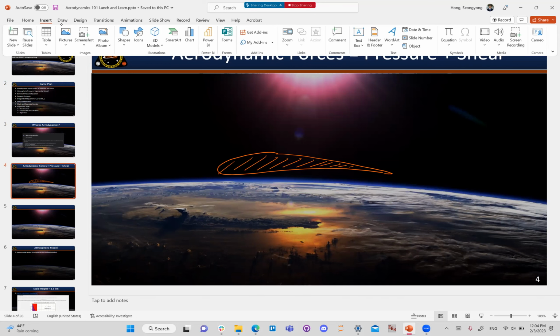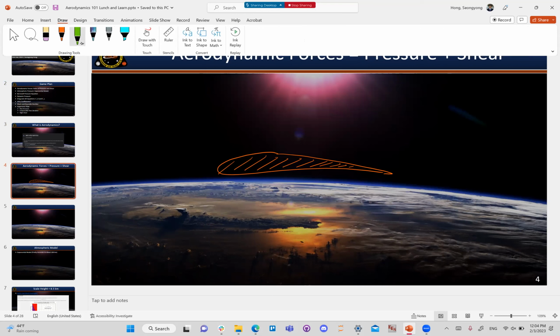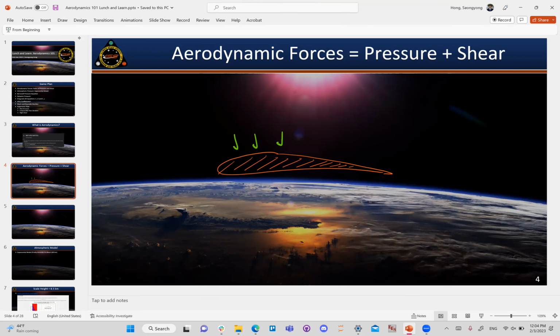As the air travels over it, as this thing moves through the air, it's going to feel two types of forces. One is pressure, like I mentioned already, and pressure is the force that will act perpendicular to a surface.